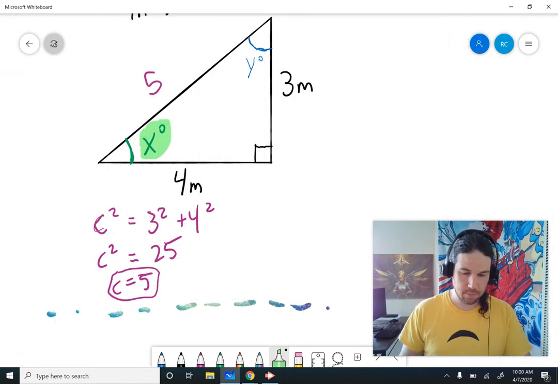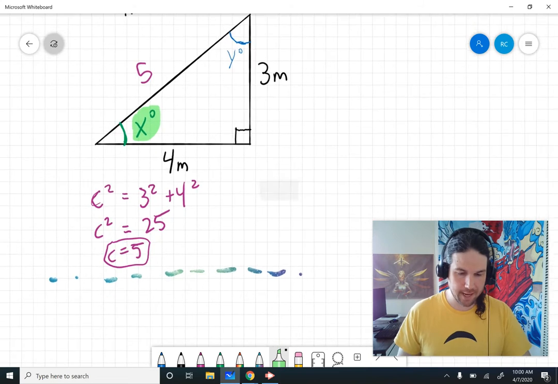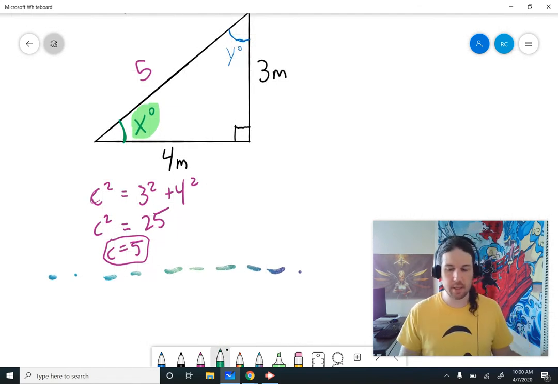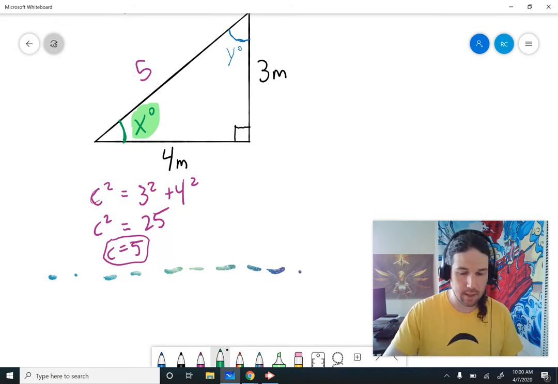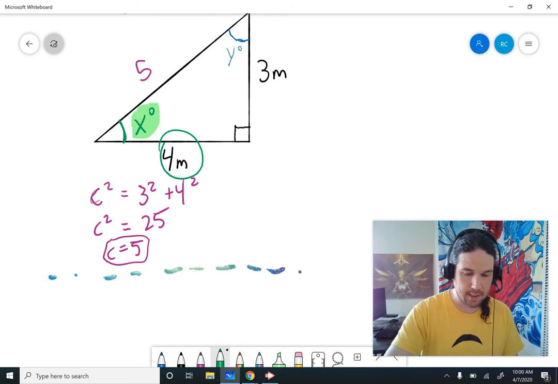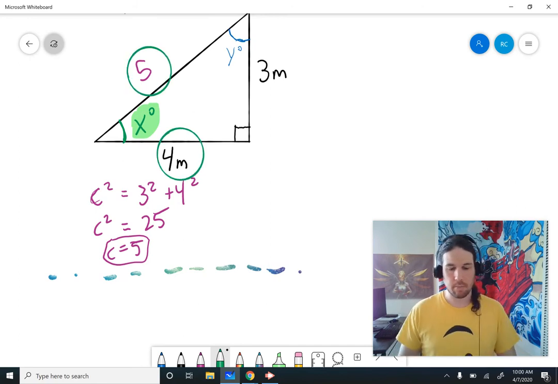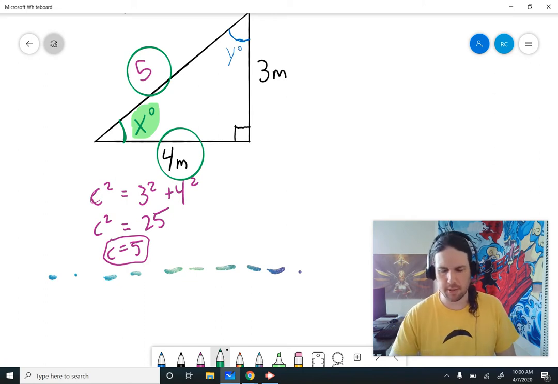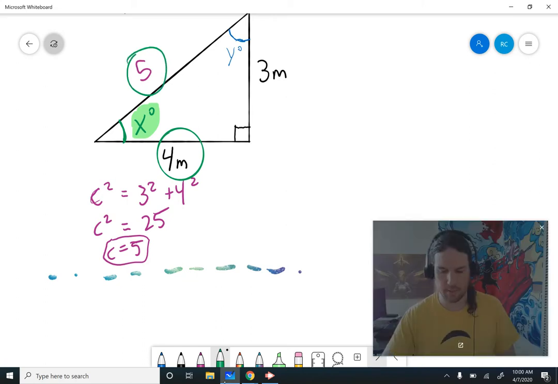Speaking of which, if we're looking for x degrees, well, we have all three sides. It literally does not matter which sides we use. So I'm going to say we're going to use the adjacent and hypotenuse, and we'll do cosine, because I don't think we've done cosine yet this video.